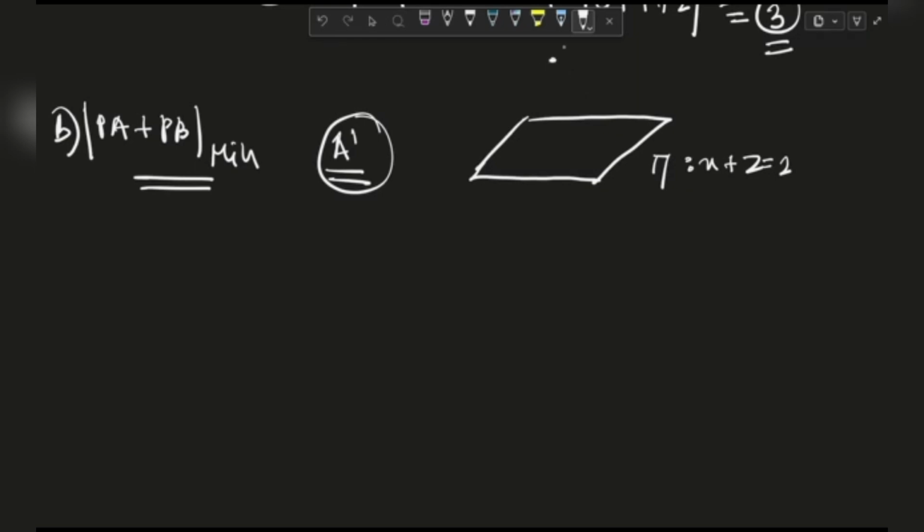And if we have the point, say A here, this is your 4, 0, 0. Now if we pass it through this plane, this is your reflected point A dash, and here we have B, which is 6, 0, minus 2, and this goes something like this. This is your line A dash B.